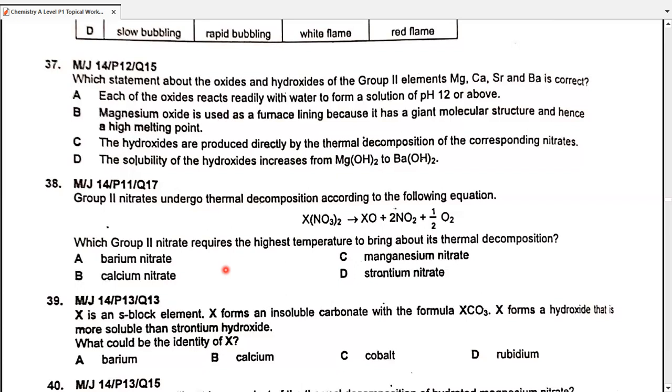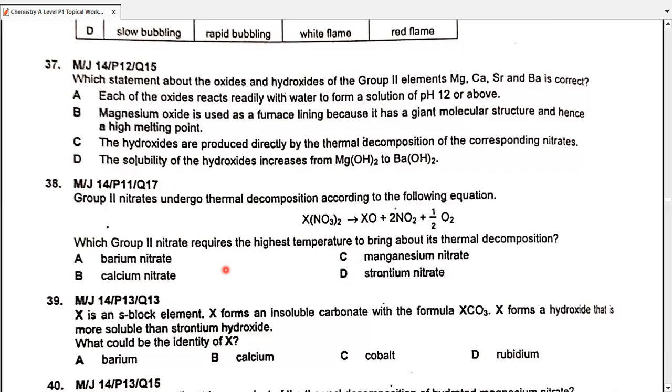The solubility of the hydroxide increases, solubility decreases down the group for salts. Magnesium oxide is used as a furnace lining because it has a giant molecular structure and a high melting point.